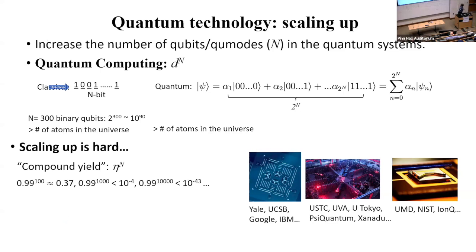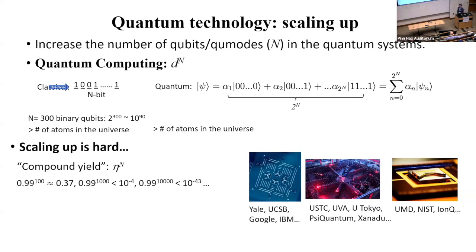Each of these tiny dots is a trapped ion. So there are many ways to implement this, but you always have the problem that it's difficult to scale up. It's difficult to scale up to 300. I just said 300 is not that large, but it represents more coefficients than the number of atoms in the universe. But getting to 300 is actually very, very difficult.